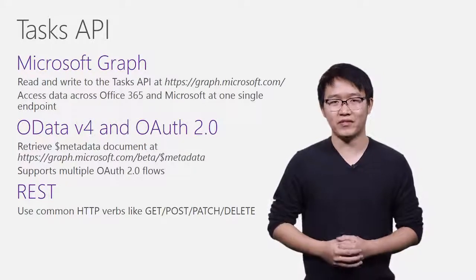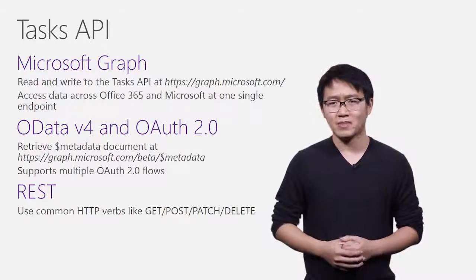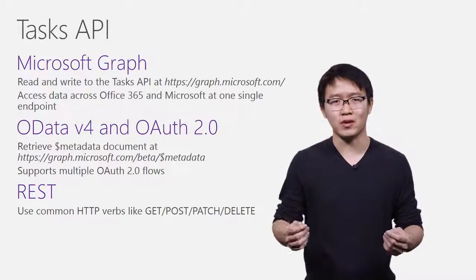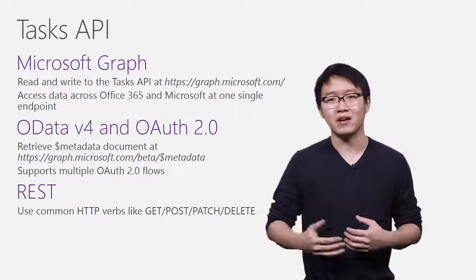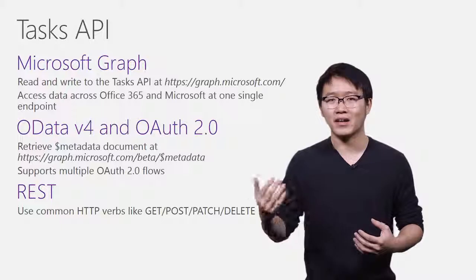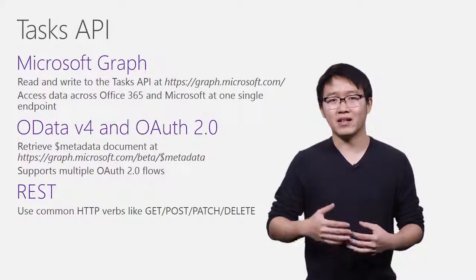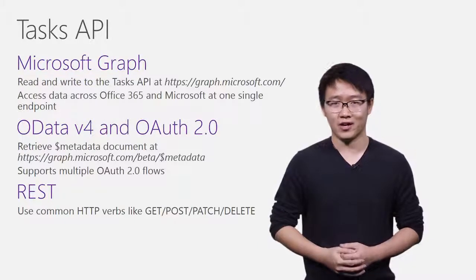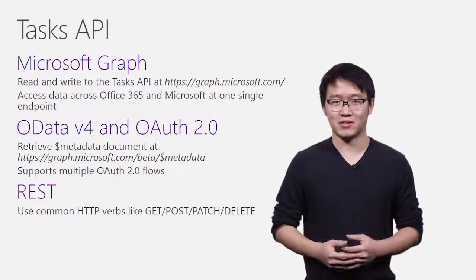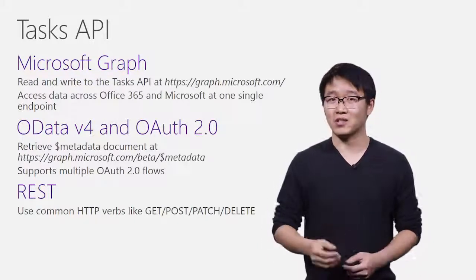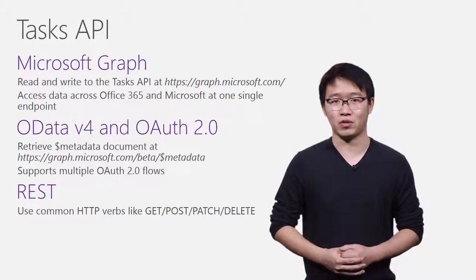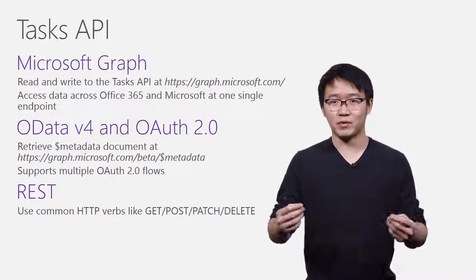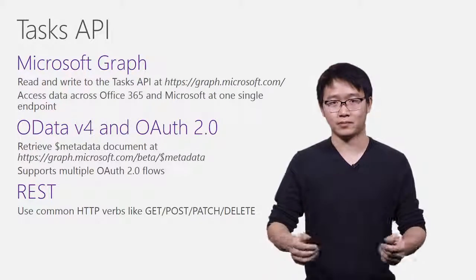If you are a seasoned Office 365 developer, this might be a little different from what you're used to, since you might have built many different applications related to mail, calendar, and files that leveraged calling the APIs on Exchange or SharePoint domains. For us, we don't have any plans to expose the Task API at our own domain, because we strongly believe in the unified endpoint strategy, because developers like you will have life a lot easier.